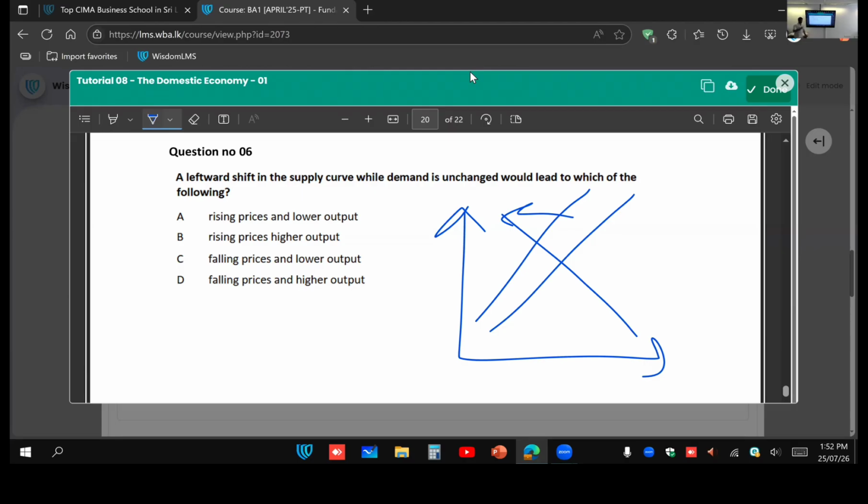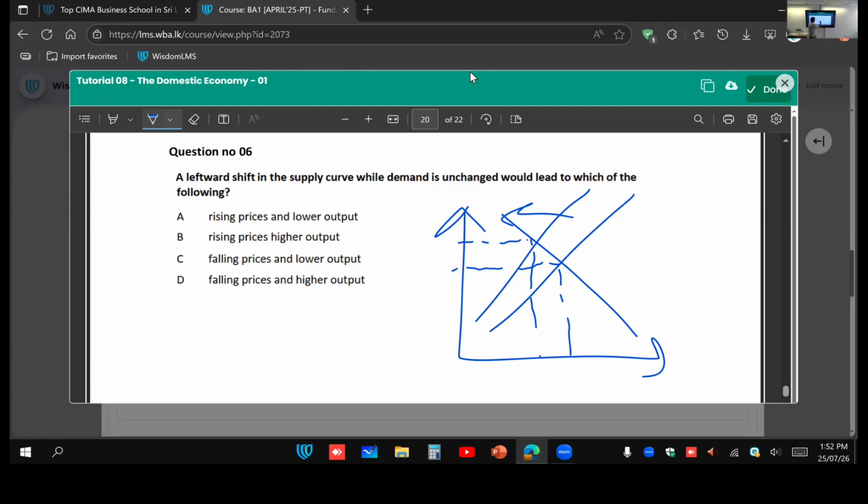But demand kept constant. Demand kept constant. Supply curve moving leftwards. So when you get a question like this, what you have to do is to draw this, right? Then select the equilibrium. So equilibrium was here. Second equilibrium is here. So what has happened?